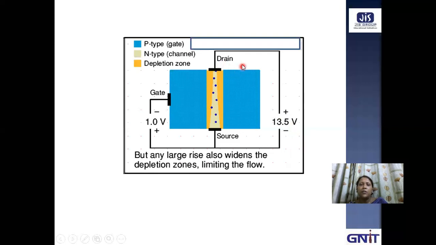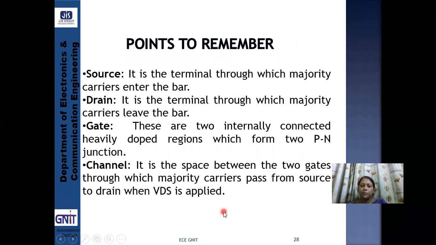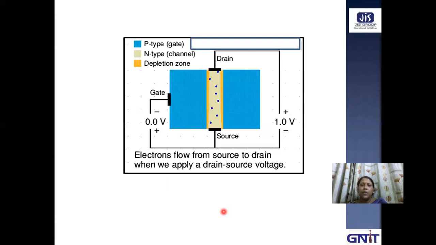This drain region is much more reverse biased than the source region, and the depletion layer width is increasing continuously, and the channel width is decreasing. Again, you can follow. First, VGS is decreasing from 0 volt, and secondly, VDS is increasing from 0 volt or 1 volt, whatever.